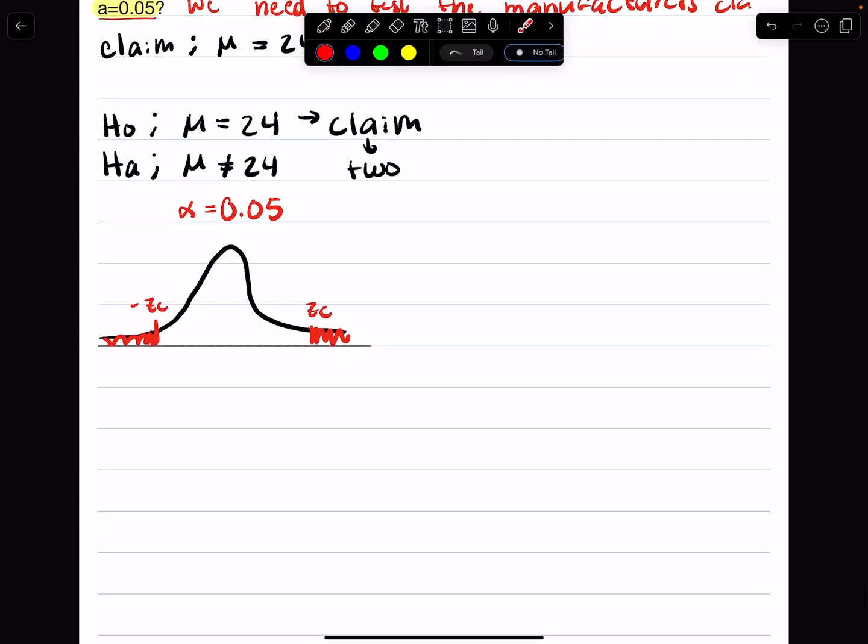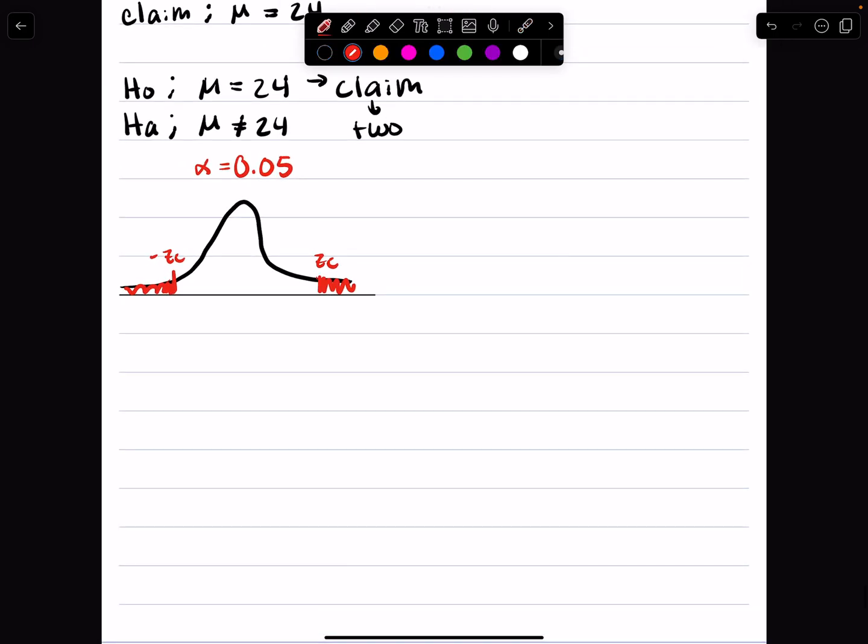Since alpha tells us area, we should think area. That tells us the area in total of our rejection regions. If we split that up into two equivalent regions, that gives us 0.025 area in each region. So how do I find the critical value?